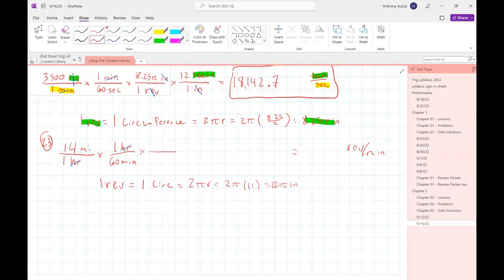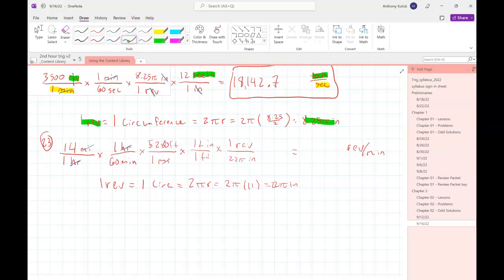I just have to convert miles into inches before I can use that conversion factor. So I know 1 mile is 5,280 feet. And then I know that 1 foot is 12 inches. And I know then that 22 pi inches is 1 revolution.